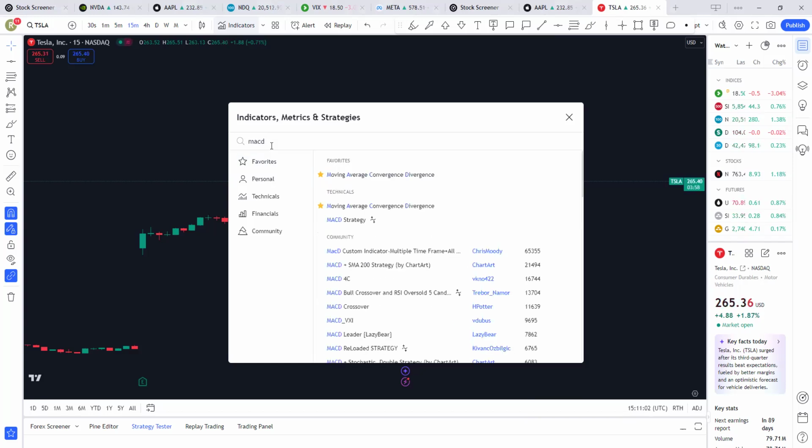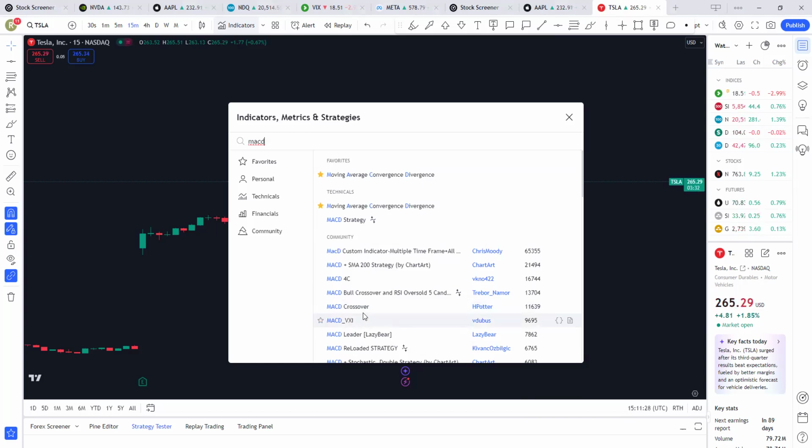We've got different types of MACD, but we're going to see two of them today, which I think are the two most important. We're going to see the MACD, which is the first one, moving average convergence divergence, and also this one down there, the MACD crossover.